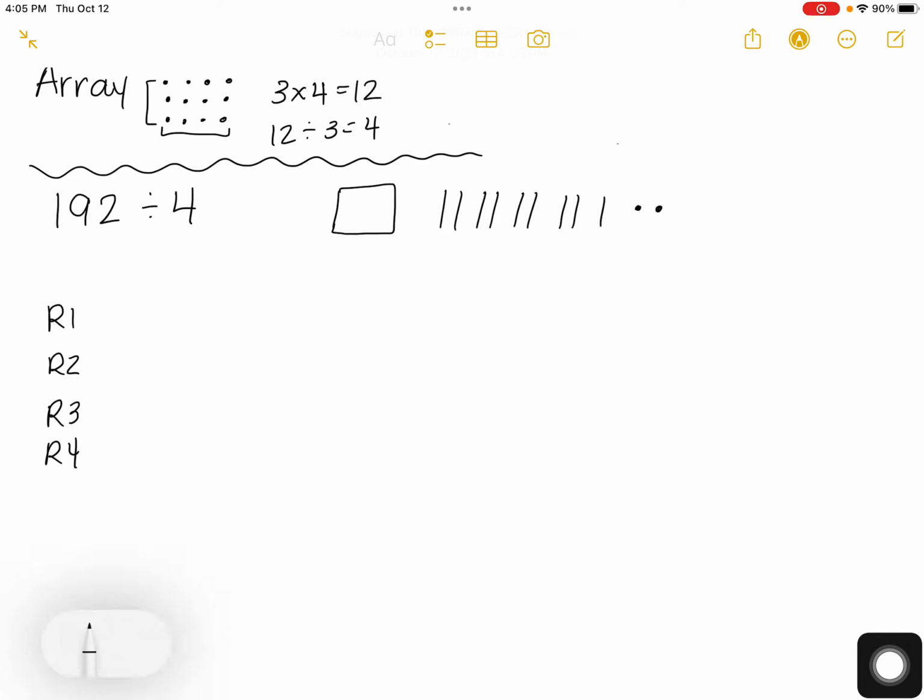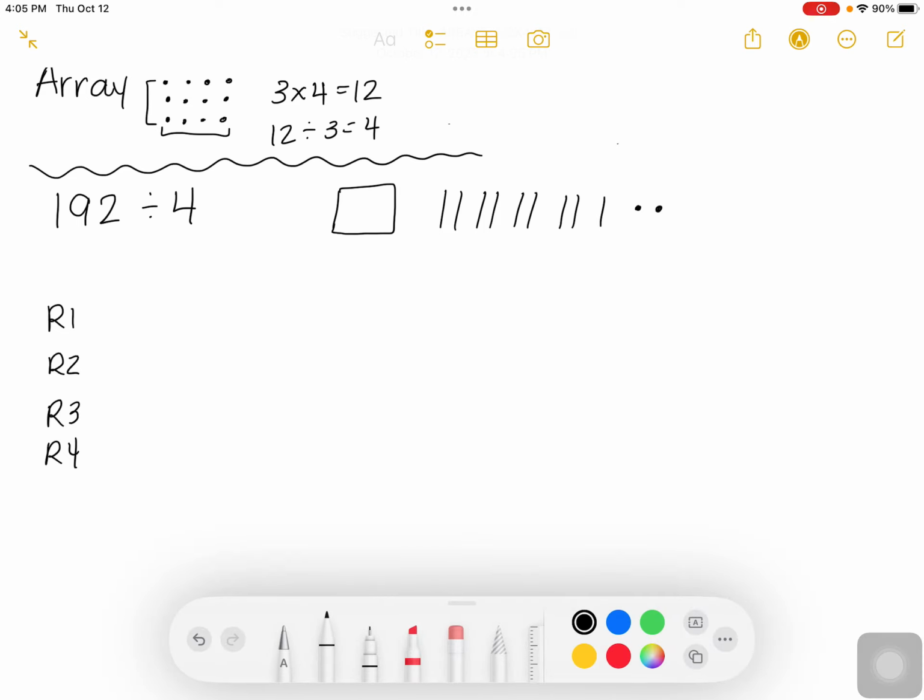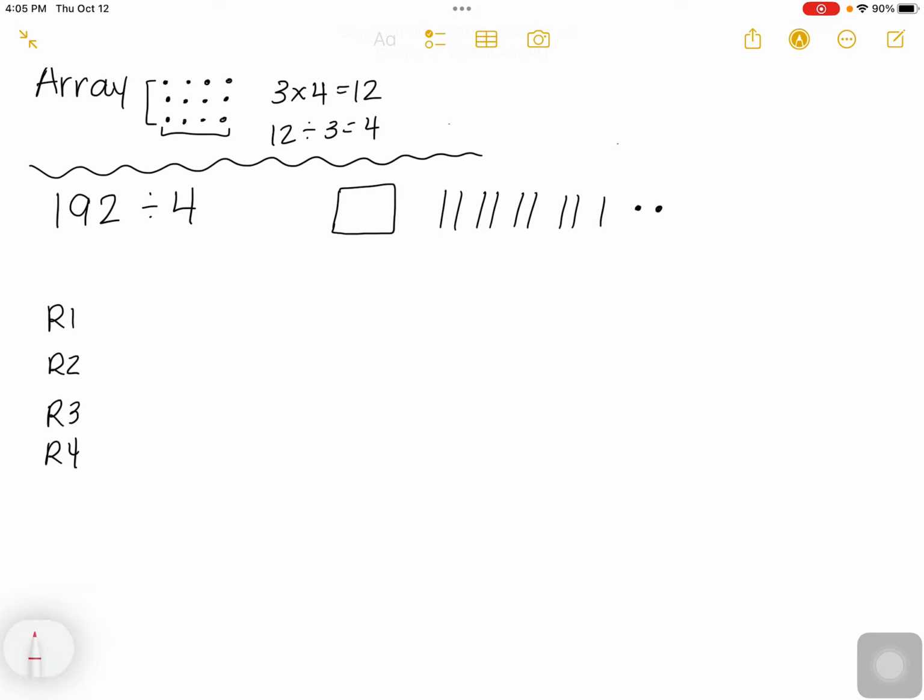So then this helps because they're familiar with this when it comes to subtraction, which is the equivalent of division, because division is just repeated subtraction, similar to how multiplication is repeated addition. So what we would do is we take this 100, and they're familiar with the fact that 100 is 10 groups of 10.